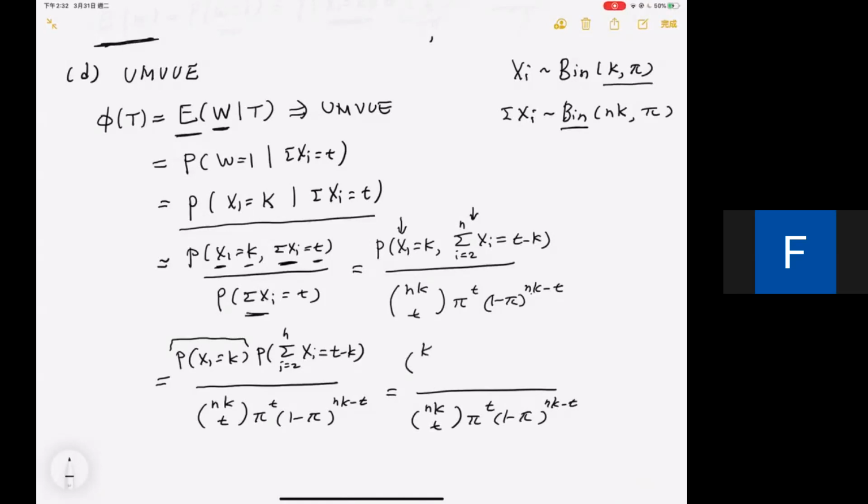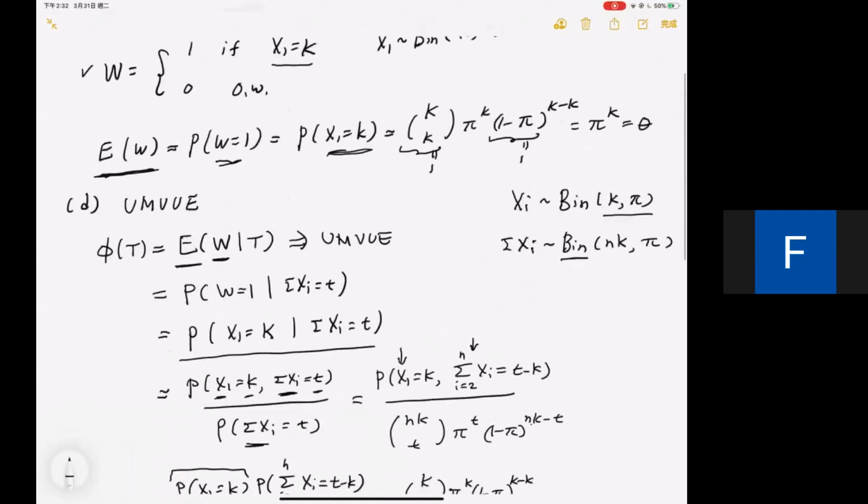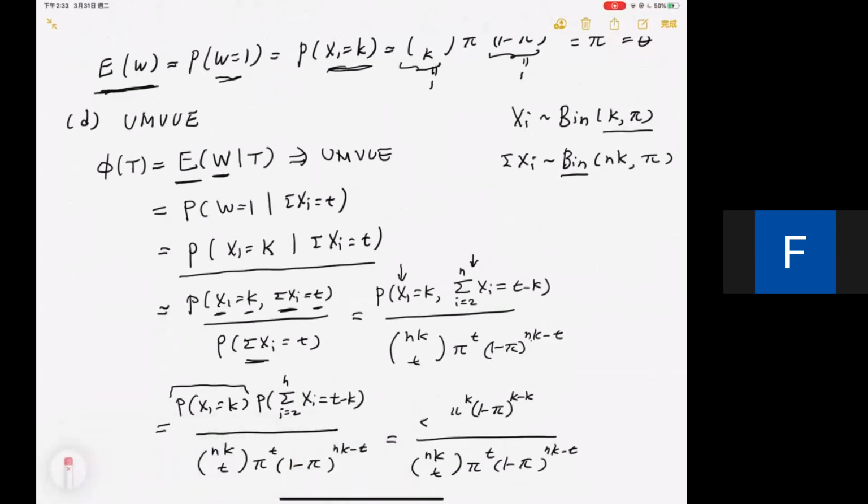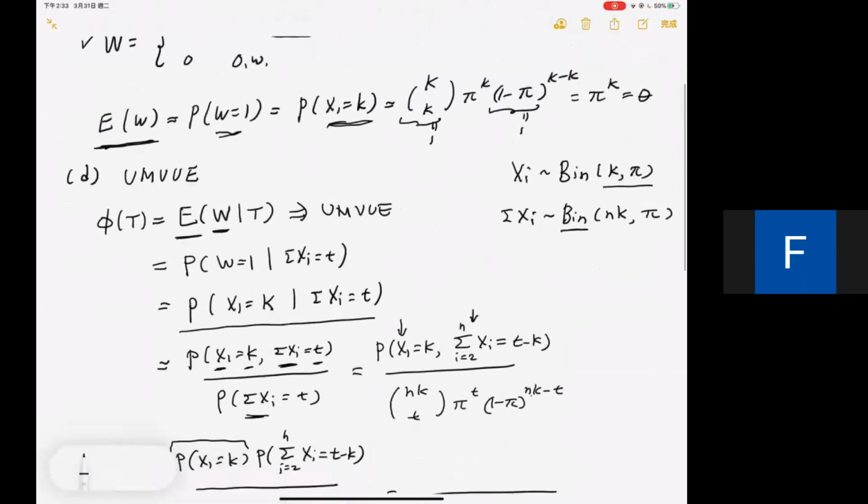So k choosing k, pi to the k, 1 minus pi to the k minus k. I did that here, right? So I don't have to talk about it too much. I just say, oh, this is for unbiasedness. Let's take everything out, and not have it repeated.